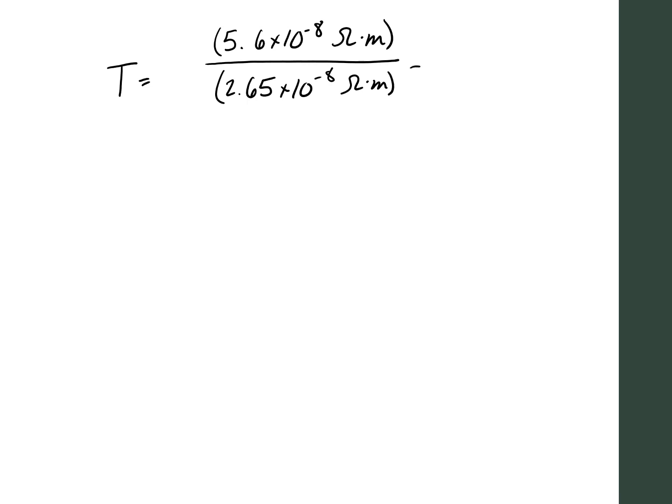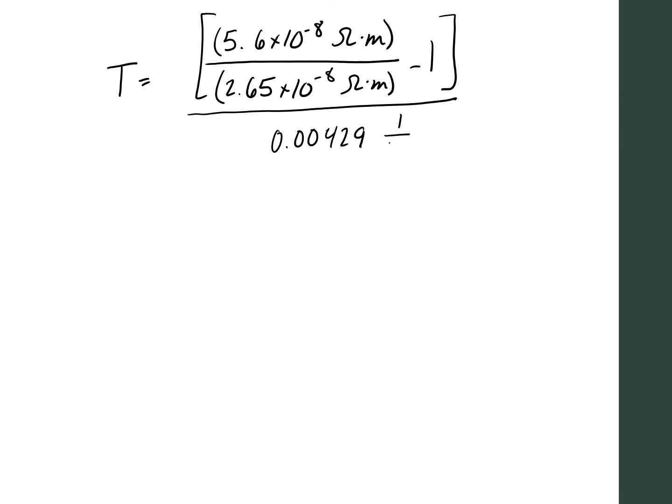I'm going to subtract 1. All of that is going to get divided by the temperature coefficient of aluminum, 0.00429 per degree Celsius, plus 20 degrees Celsius. So it's not the prettiest equation, but now it's just become a plug and chug situation.